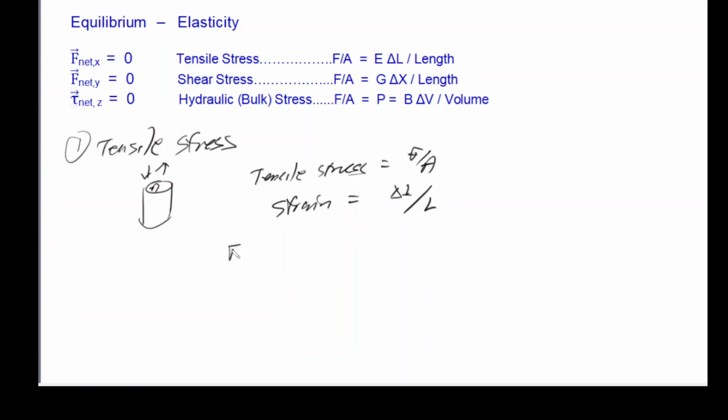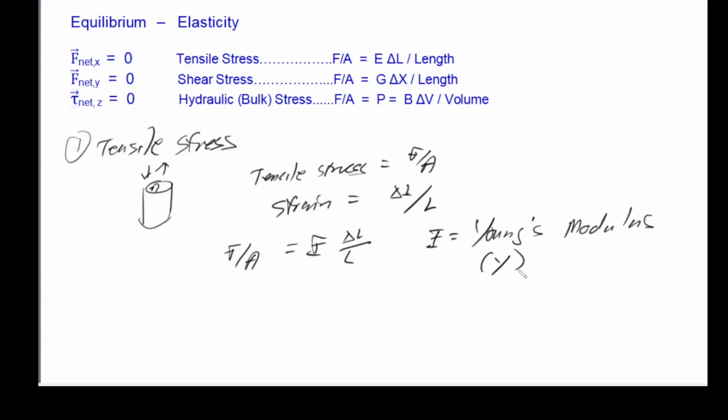And these are related by Hooke's law, which is force over area equals E times delta L over L, where E is Young's modulus. And E is sometimes given by the letter Y as well. And the unit of measure of stress is the pascal, given as Pa.